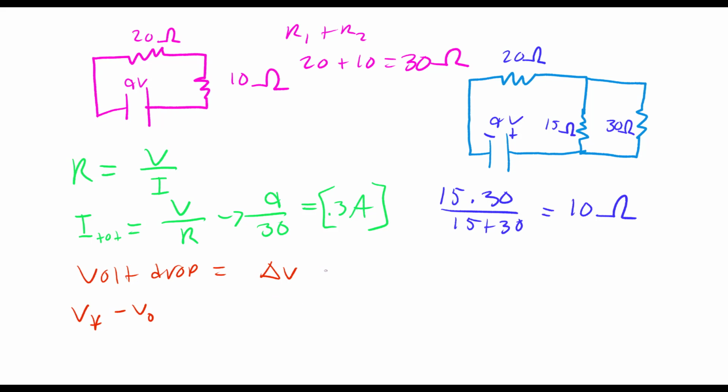So to find it, we use V equals R times I. We do 20 ohms times I, so I is what? 0.3 amps. And we end up getting what? 20 ohms times 0.3 amps gives me 6 volts.